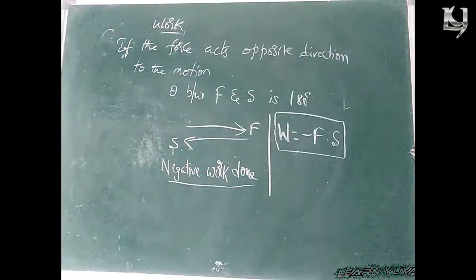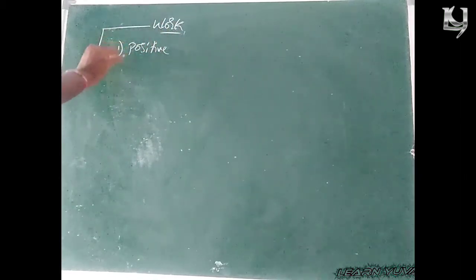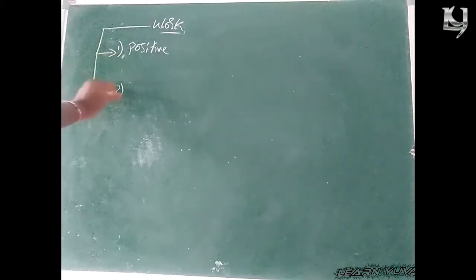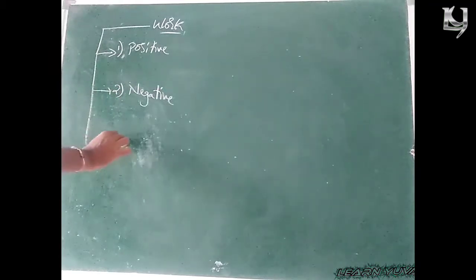So till now you saw the three types of work: positive work, negative work, and zero work.